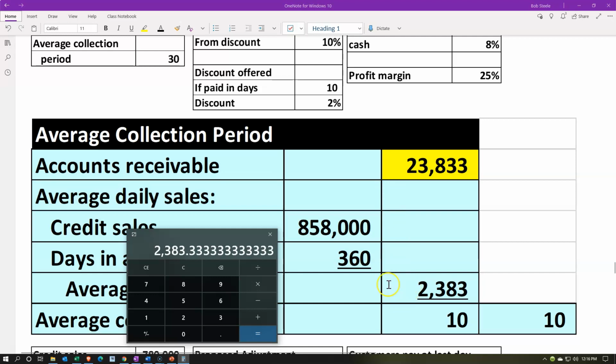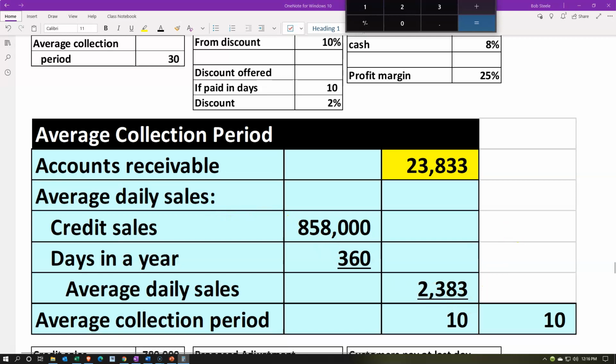So if we take this number times 10, we could solve for the unknown, 23,833 about. If we take the 23,833 divided by the 2383 about, we get about 10. So we can double check it.